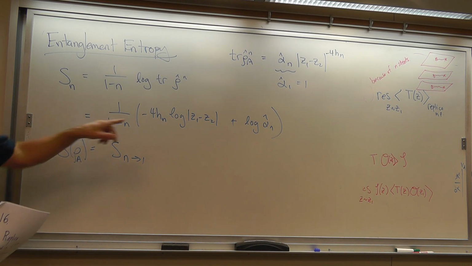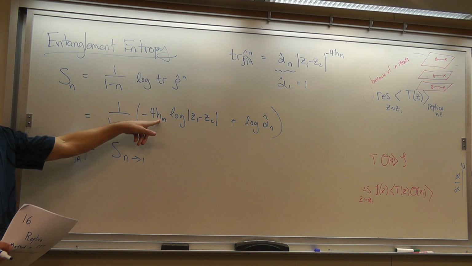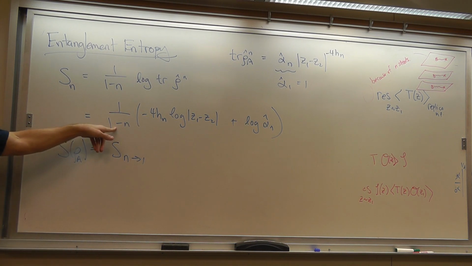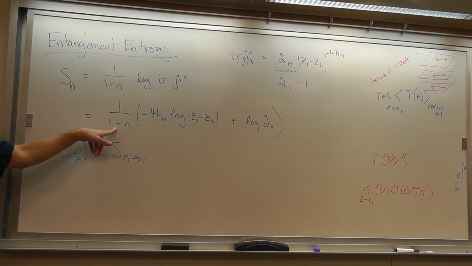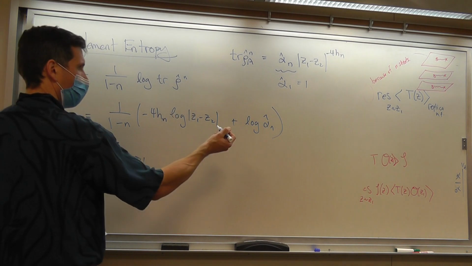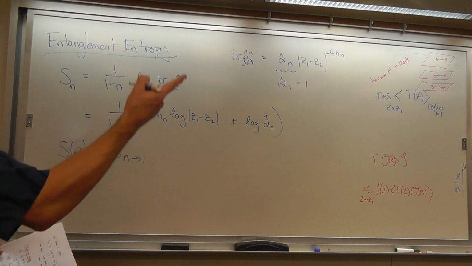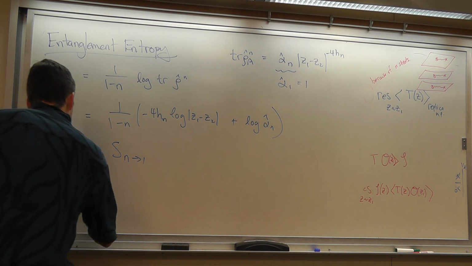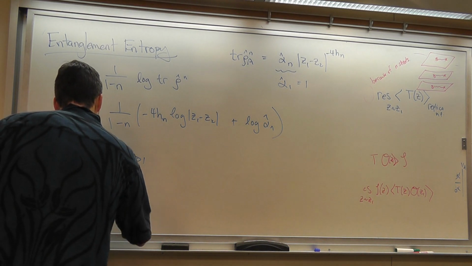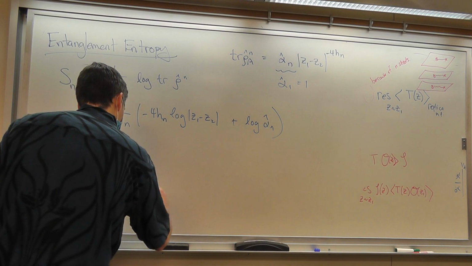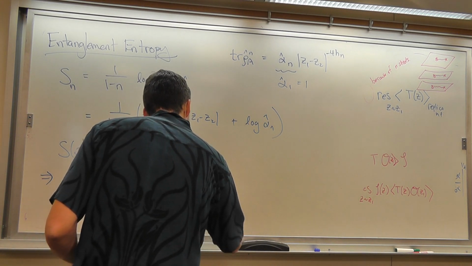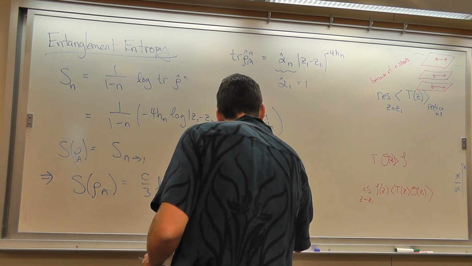Now h_n goes to 0 as n minus 1, but there's a denominator here, so these are going to cancel, and you're going to get some finite von Neumann entropy. So you can just plug in this h_n and take that limit, and you find S of rho A is c over 3 log absolute value z1 minus z2 plus constant.